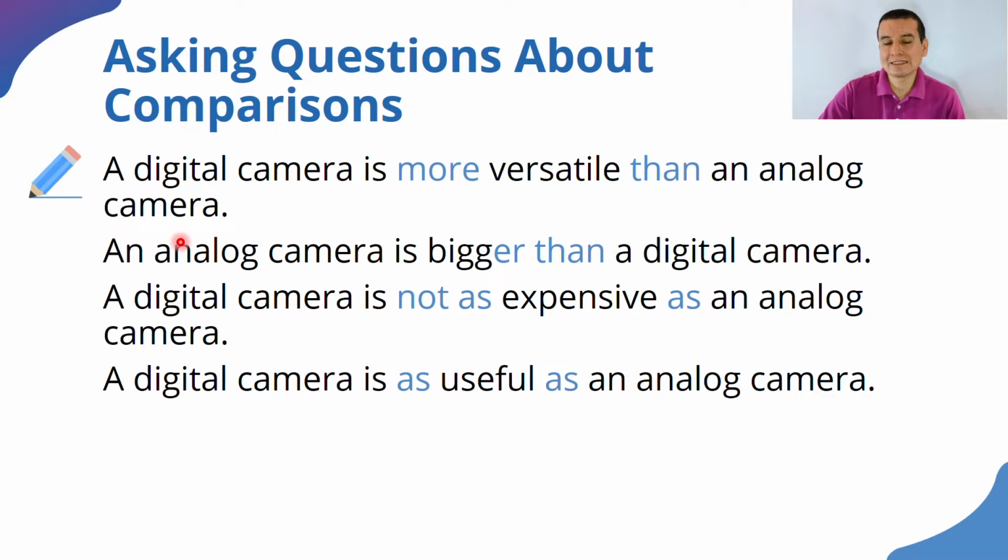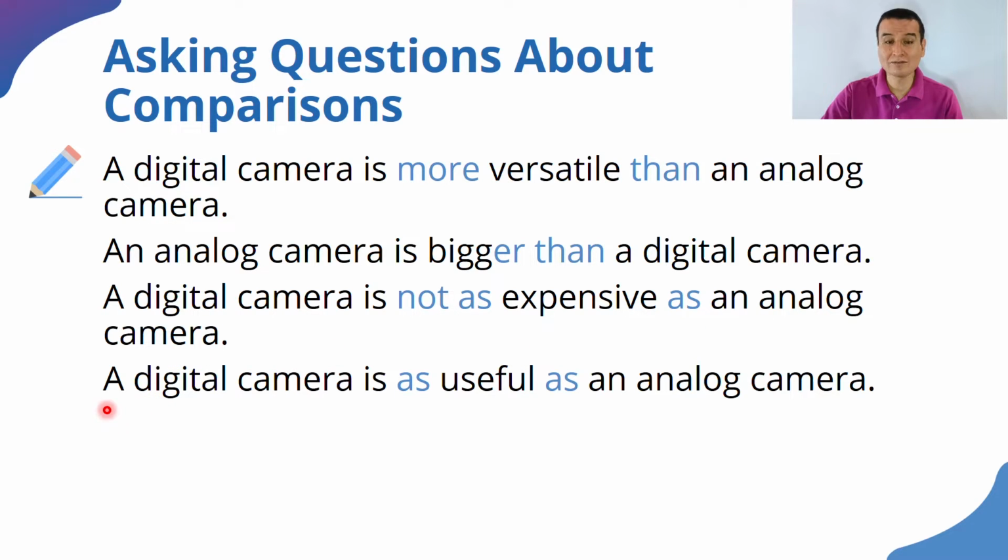You could say less, of course, but this is just a sample response. The next one, an analog camera is bigger than a digital camera. That "than" is very important there. Next, a digital camera is not as expensive as an analog camera. That means that that is the only word that could go there.